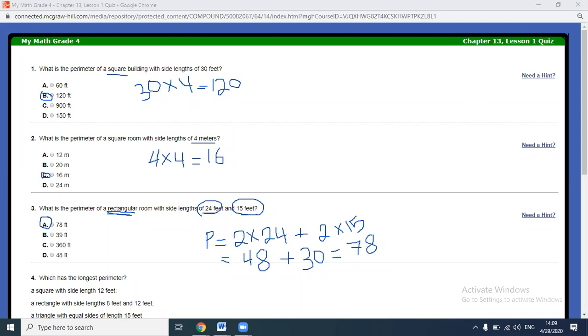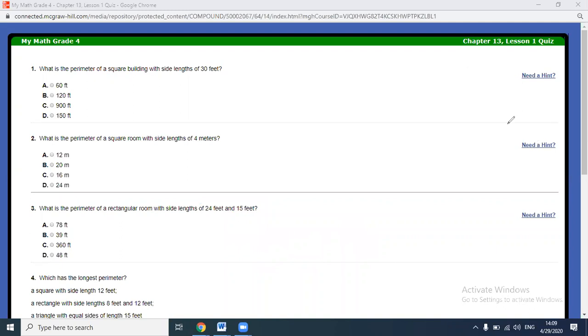Next, number 4, which has the longest perimeter. Let me erase this.